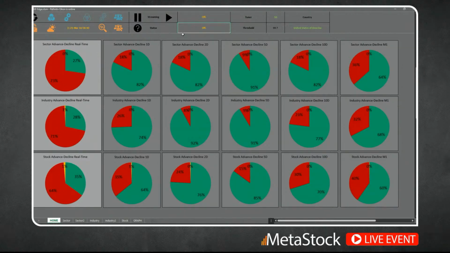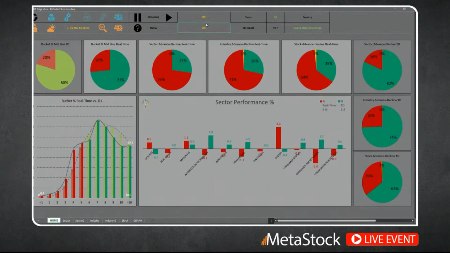And it turned out to be useful, also known as profitable, in trading. I didn't have to take any hit from the market coming down. You can see today 73% of sectors were down, 71% of industries were down, 64% of stocks were down. So this is one insight that is behind the secret of that success.